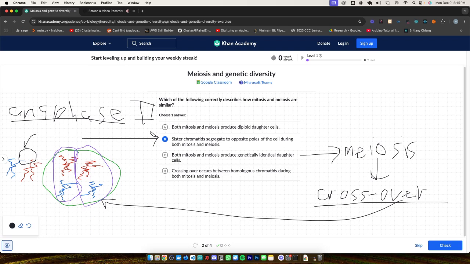This point is known as a chiasma, or chiasmata for the plural. That creates the genetic variety, and that's why each of the gamete cells is going to be genetically different from each other, because this chromosomal crossover is not predictable. It just happens at random places.